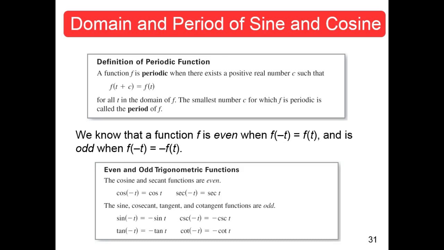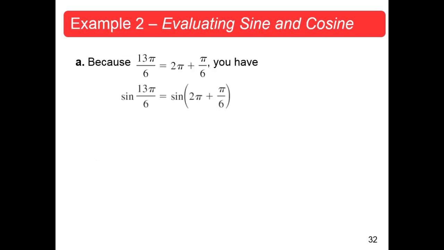And sine, tangent, cosecant, and cotangent are all odd functions. They just threw that one in there on you. So that's the bottom of page 273. We will start next time with example 2.